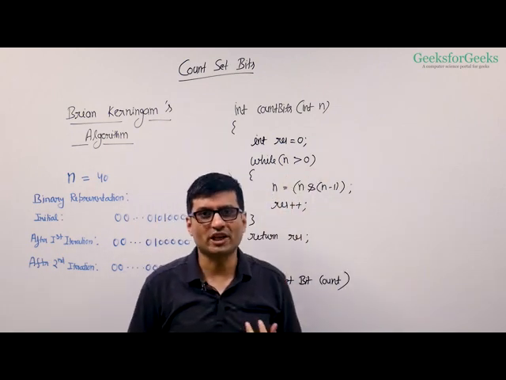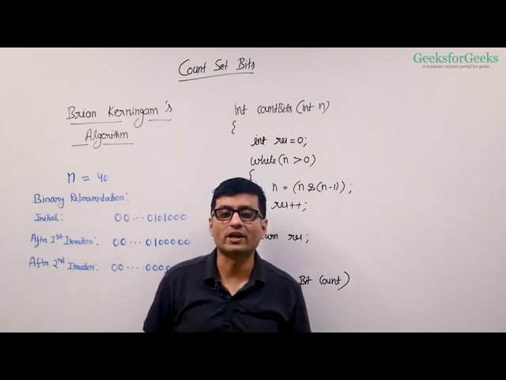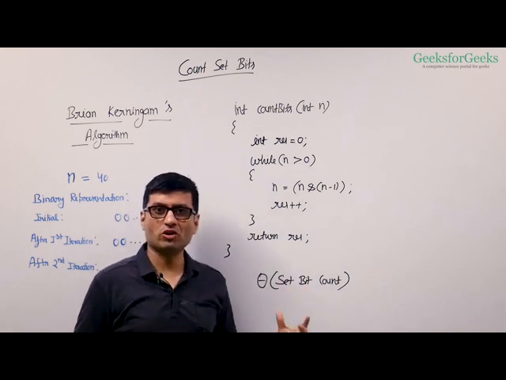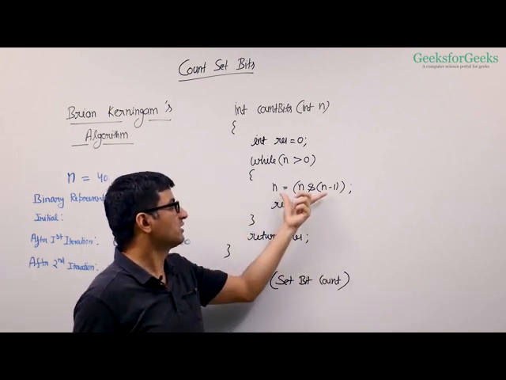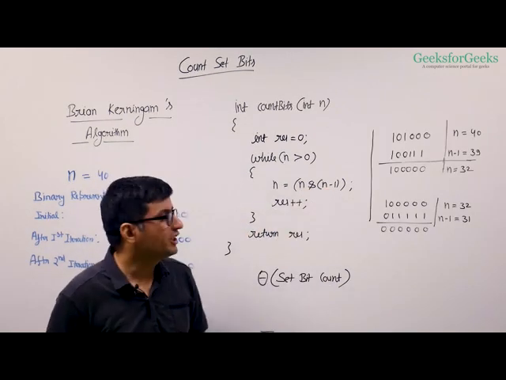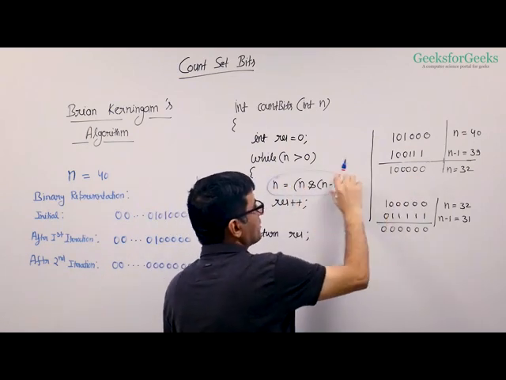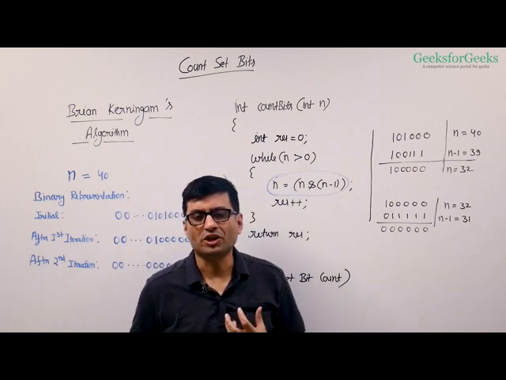So how is this magic happening, that this algorithm requires time which is set bit count proportional, not the total bit count proportional? The main part here is this expression. Let us see how this expression works. In this diagram, I explained this expression. We have n equal to 40 initially.